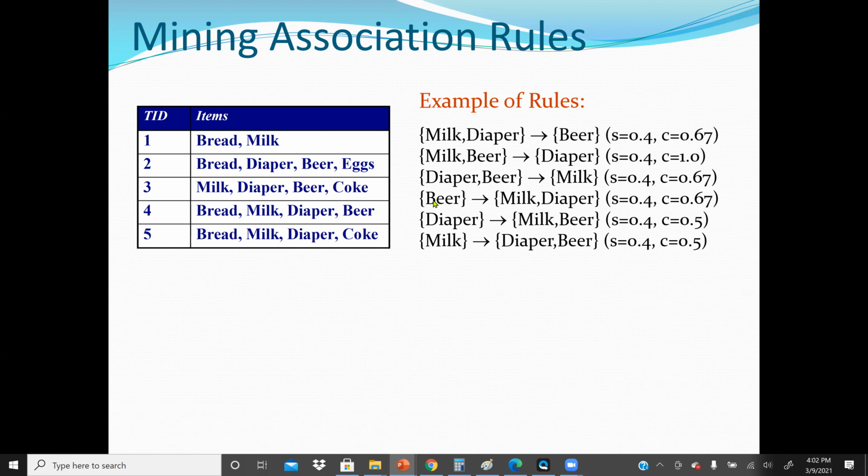For example, if I'm looking for the confidence of milk, diaper implies beer, how many times do they appear? 2. Divided by how many times beer appears, because my consequent is only beer. In this case, beer appears 1, 2, 3. So we have 3 beers.